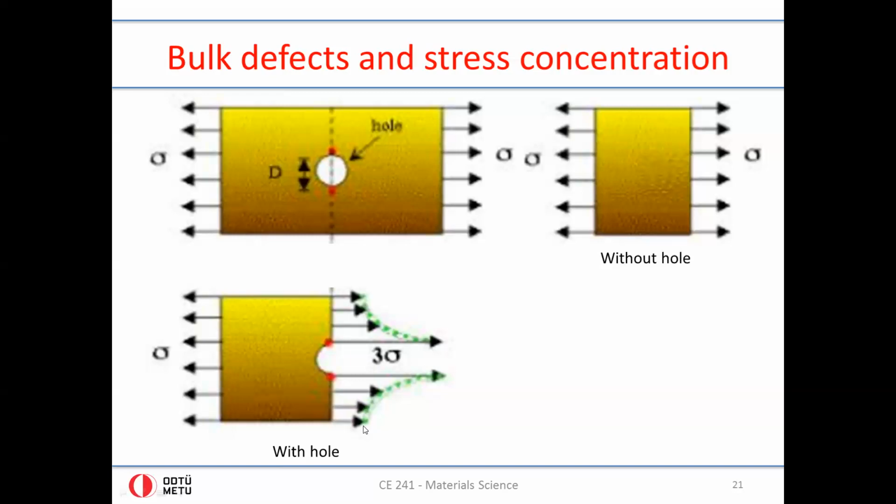Now, because of this, you might imagine that the amount of force average applied on the left needs to not be equal to the force applied here, because the force applied here combined with the force applied here needs to balance this force applied here. Hence, there needs to be some sort of uneven distribution of force.